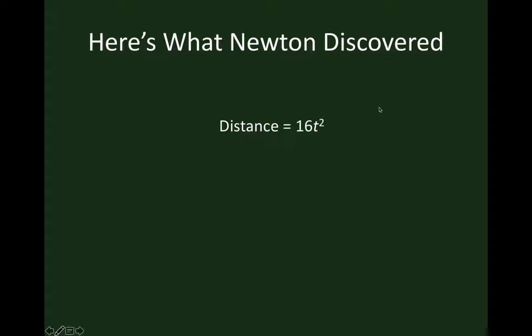Now, one of the ideas that Newton is responsible for giving us, or formalizing, is the relationship between the time that an object falls and the distance that it's traveled.